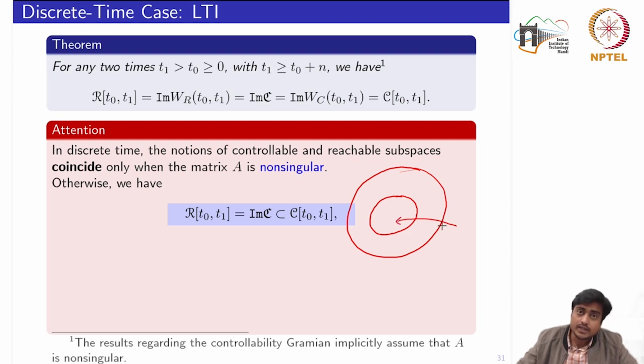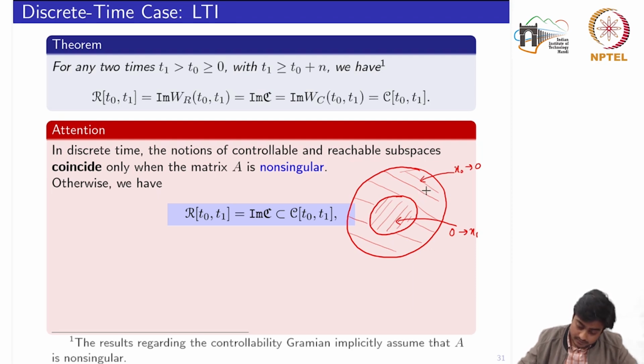Here we have all the points of the reachable subspace, where from the origin we want to go to x1. Now this other subspace says that starting from x0 we want to go to the origin. So this inner space is the reachable subspace, and the outer one is the controllable subspace.